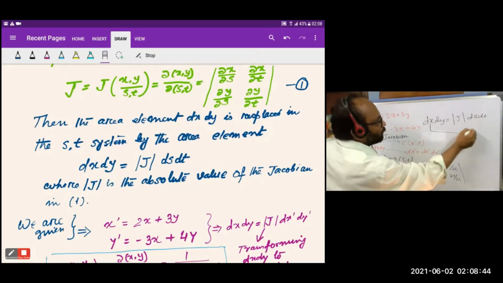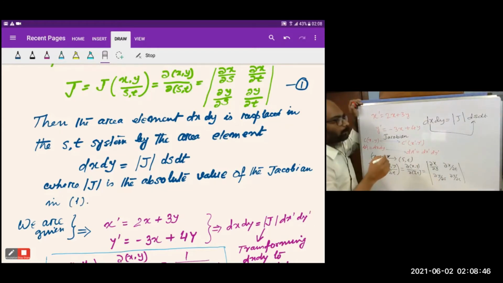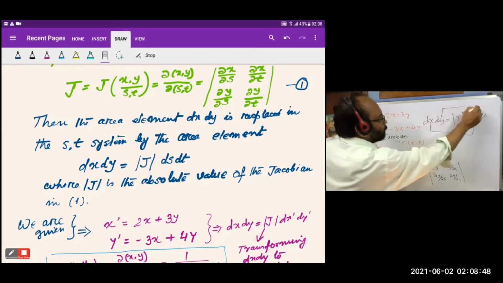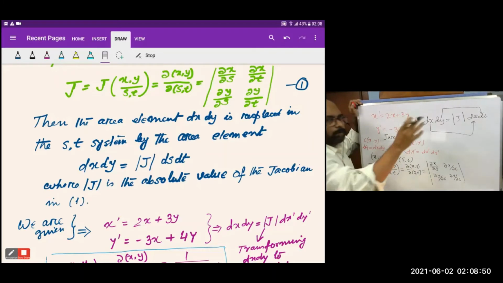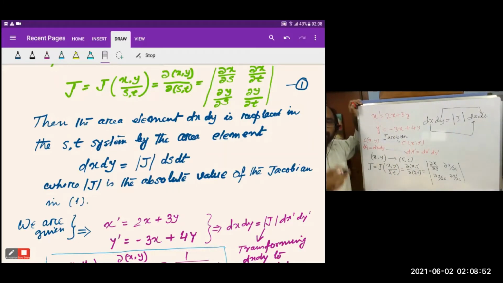So dx transforms into ds, dy transforms into dt, that means xy to st. Similarly, we can go from xyz to r theta phi, that means dx dy dz is equal to Jacobian times dr d theta d phi. R theta phi is the spherical polar coordinate system.